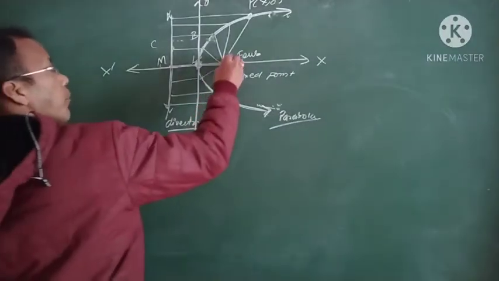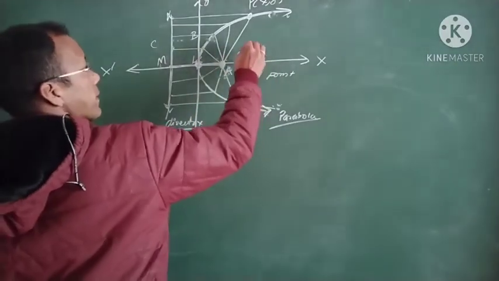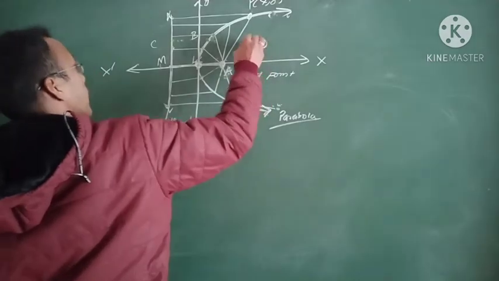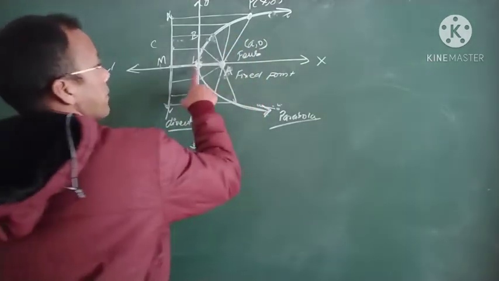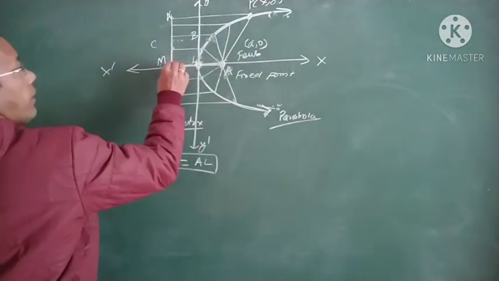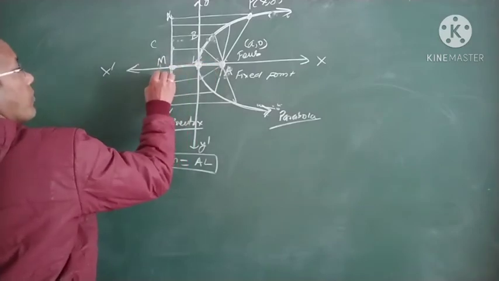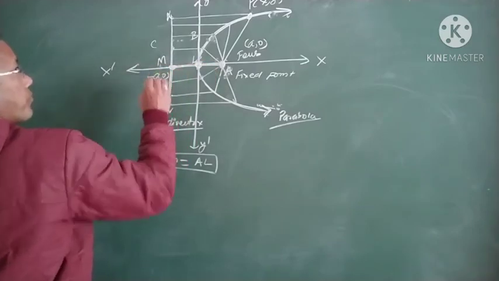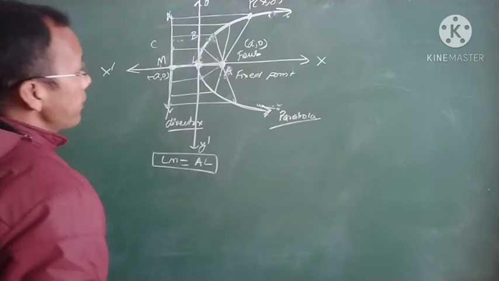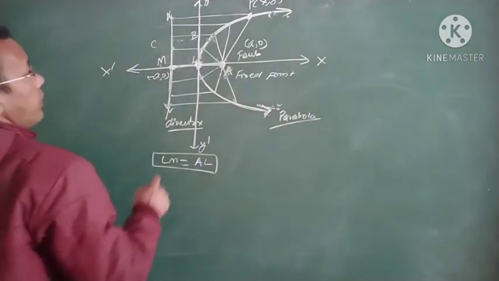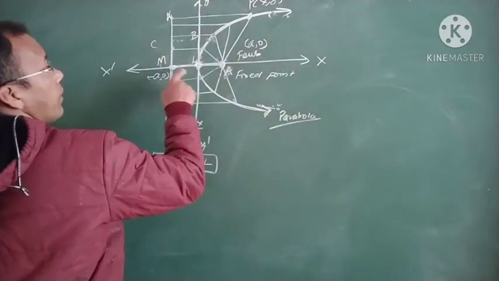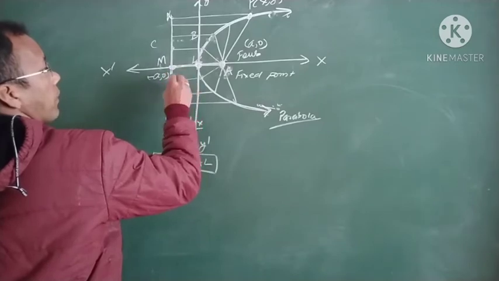Let the point A, on the x-axis, be (a, 0). Right, this is (a, 0). And here this point is (minus a, 0).